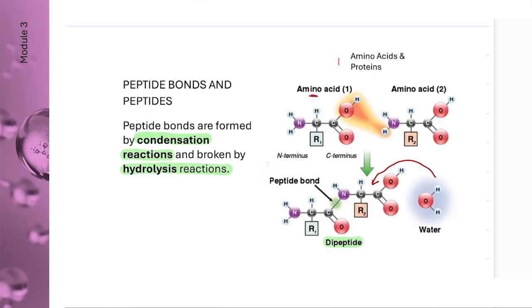So in a condensation reaction, you can combine two amino acids to form a dipeptide, but in a reverse hydrolysis reaction by adding water, you can break a dipeptide bond to form amino acid 1 and amino acid 2.